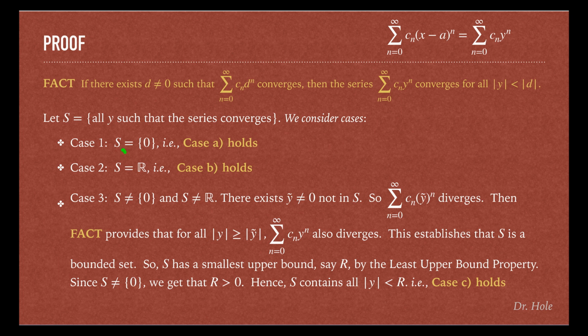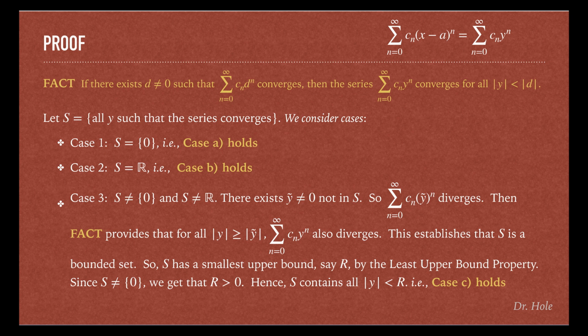Let's focus outside of S. Because we're not the entire number line, we can find a non-zero y tilde, something not the center, which is not in S. Therefore, the series that it defines will diverge because y tilde is not in S. By the fact, we're then able to conclude that all values that are further away from the center than y tilde is will also diverge.